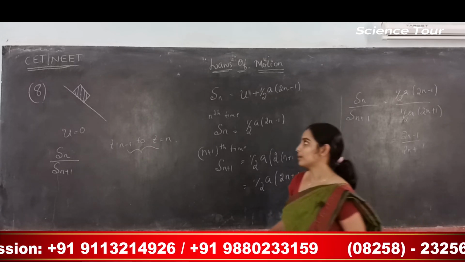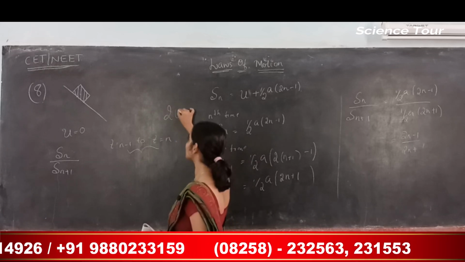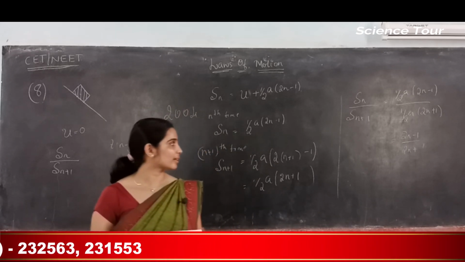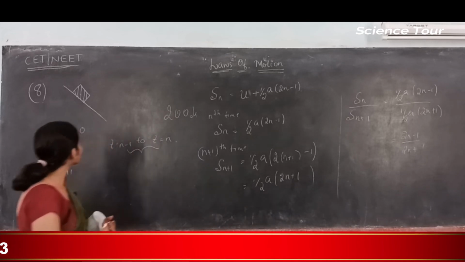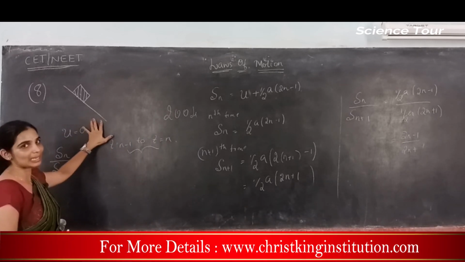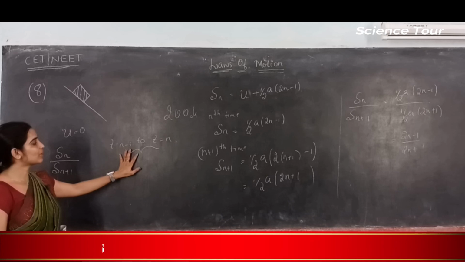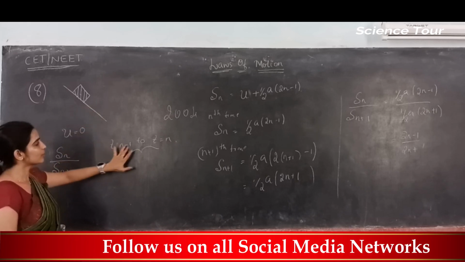So this appeared in the 2004 IIT JEE screening test. They are asking: a block is sliding down an inclined surface from rest, means u is 0. So Sn is the distance travelled by the block within this interval.